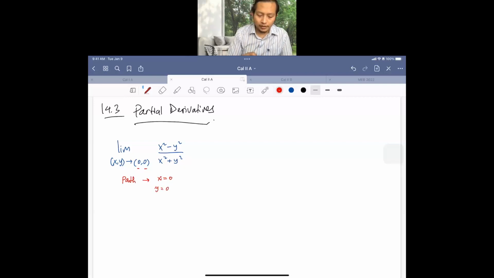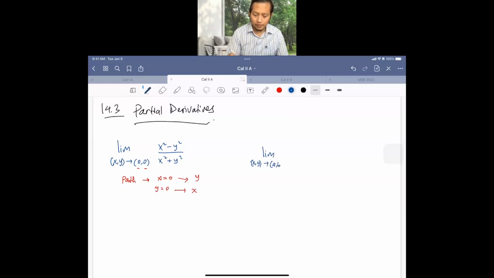So when we have x equals 0, then we treat x as a constant and we treat y as a variable. When we have y equals 0, then we treat y as a constant and we treat the other one, x, as our variable. So if we think this way, we have, for example, the more general formula.